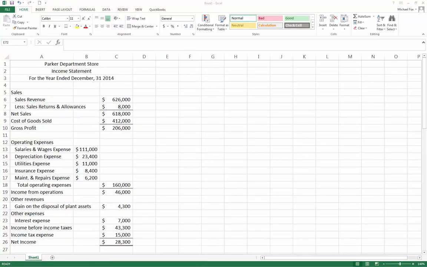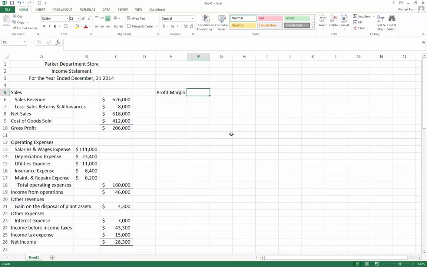So just remember, our profit margin equals our net income divided by our net sales. It's customary to express this as a percentage, and I usually give at least 1 decimal point, maybe 2.